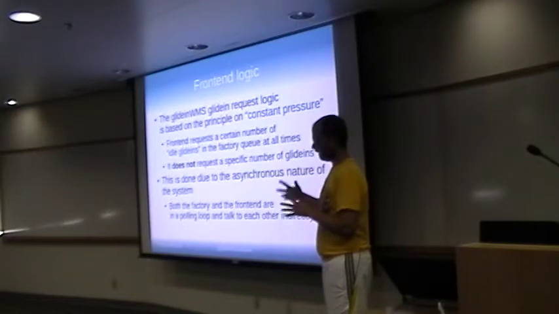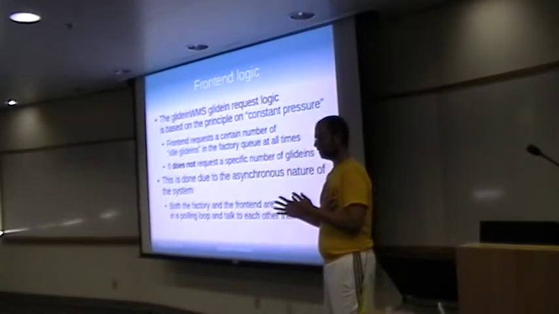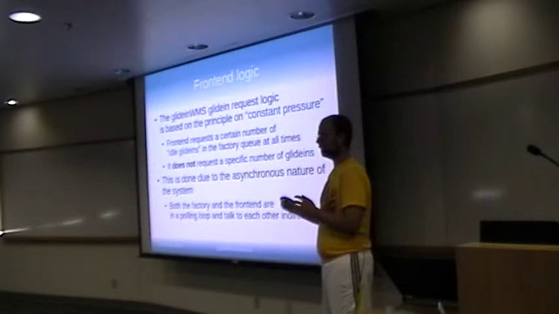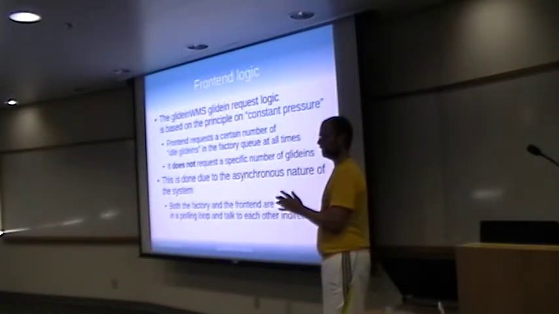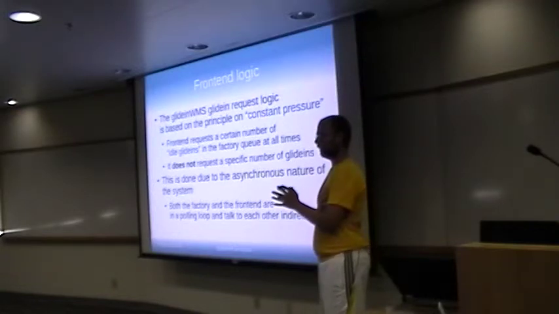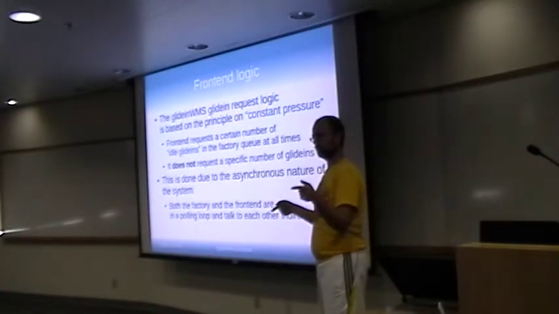So essentially, it says, factory, please keep 3 idle glideins in the queue, and as soon as those start, submit more; I want this amount of idle glideins in the queue at all times. This allows us to work in a completely asynchronous mode where the daemons don't talk to each other, have very little communication between the factory and front end, and still make things work.